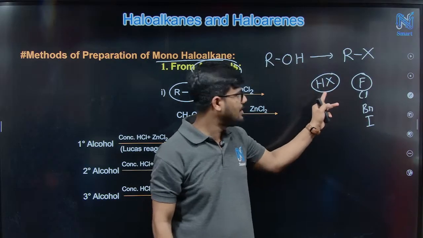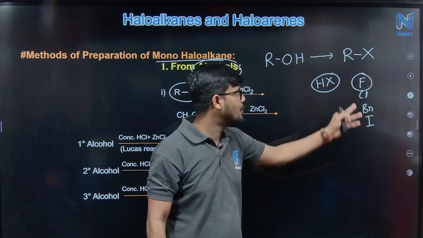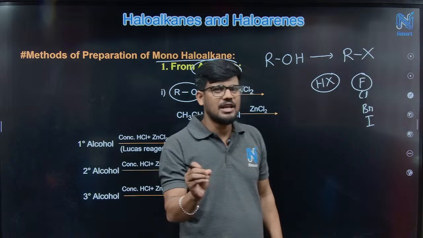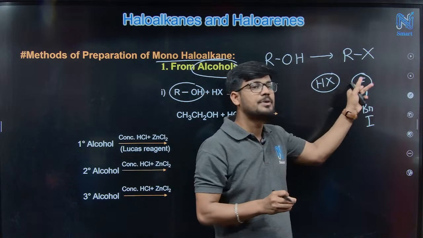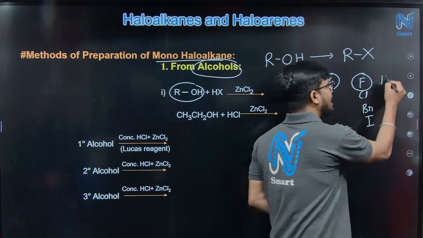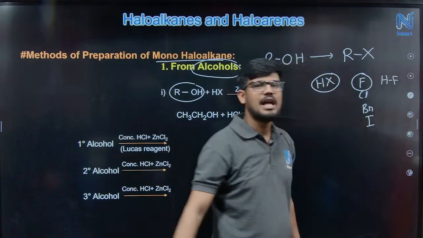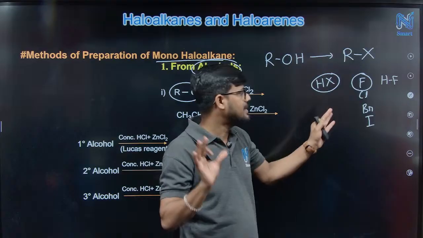Now HX means HF, HCl, HBr, HI. Out of these four, fluorine generally we don't use in this technique to prepare RF, because the H-F bond is very strong and it is very difficult to break. So that's why it is not that common.